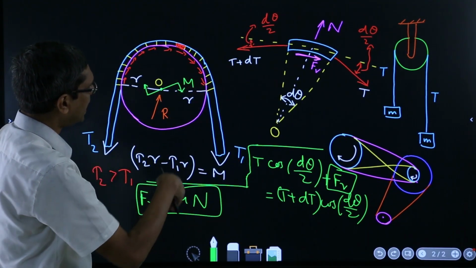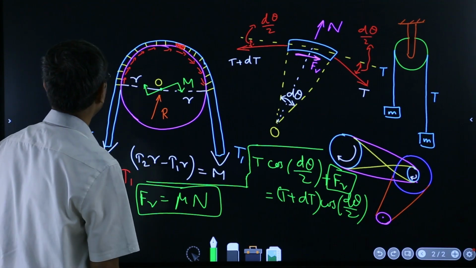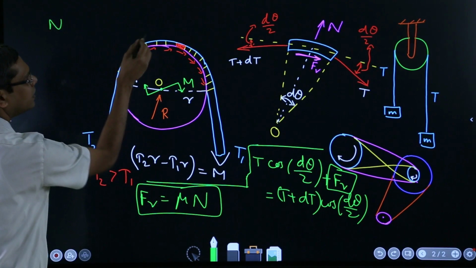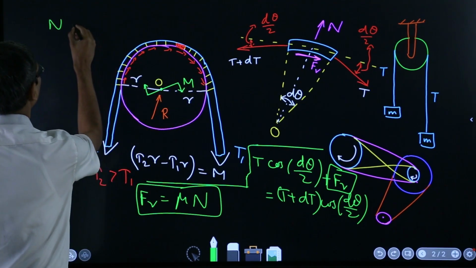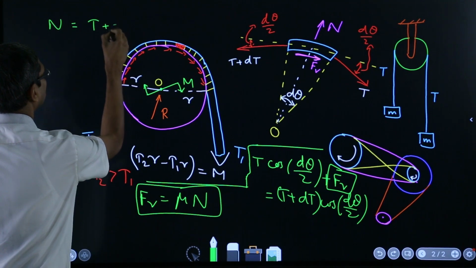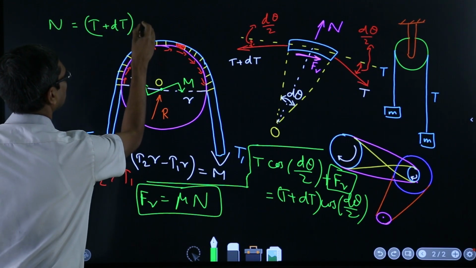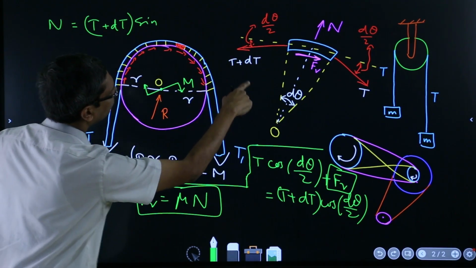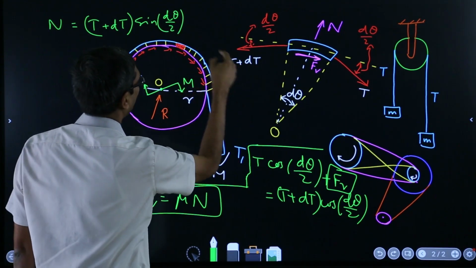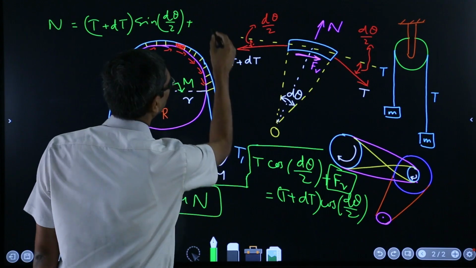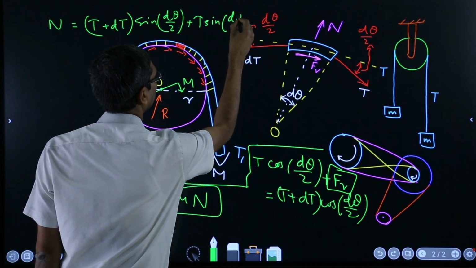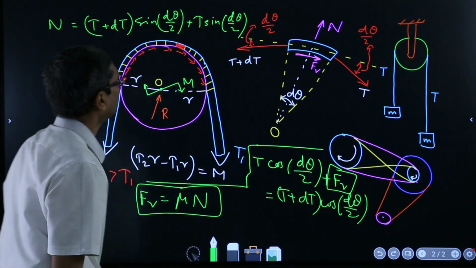But if we try to balance here in this direction, we should have N should be equal to (T + dT) times sine of d theta over 2 plus T times sine of d theta over 2, right.